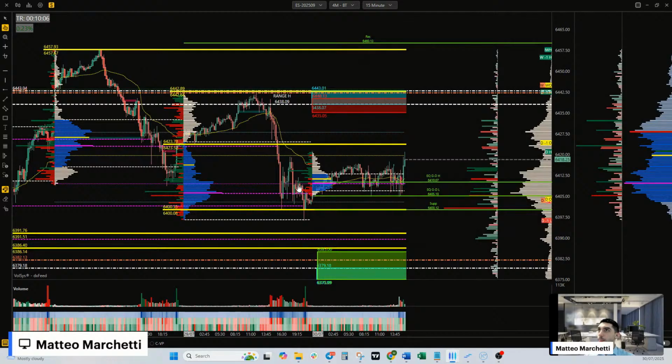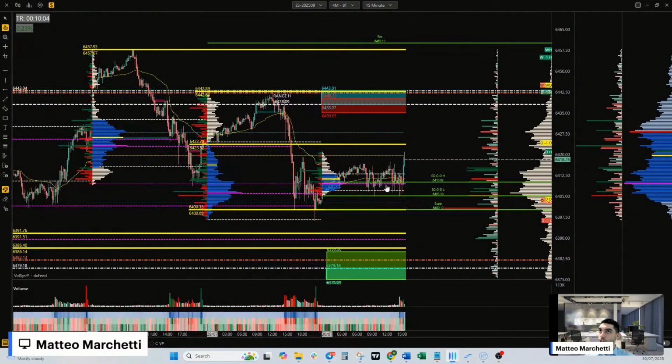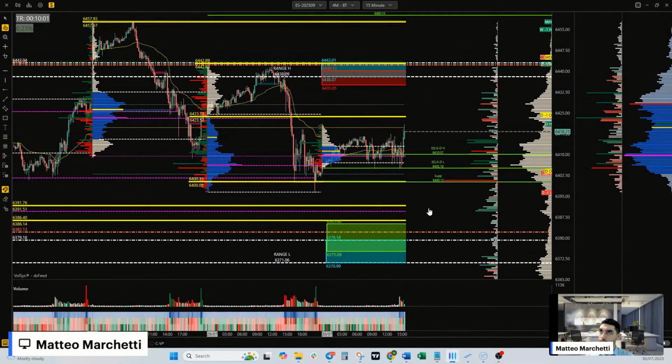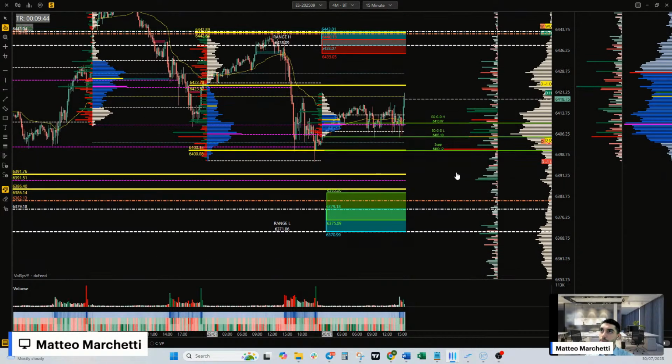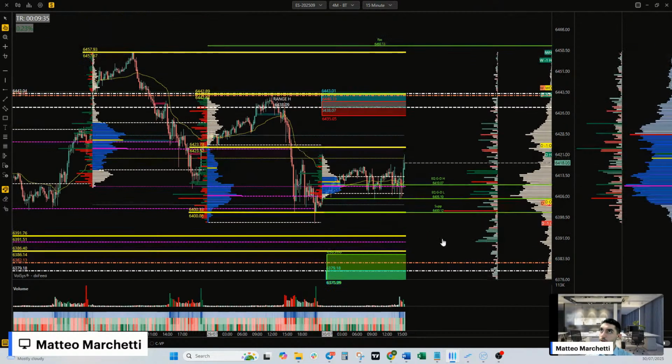So we have other important levels, definitely 6,400. I don't want to say a line in the sand, but it's going to be quite similar in the sense that if prices drop below this level, we can see a decent sell-off that probably is going to target the lower range area.